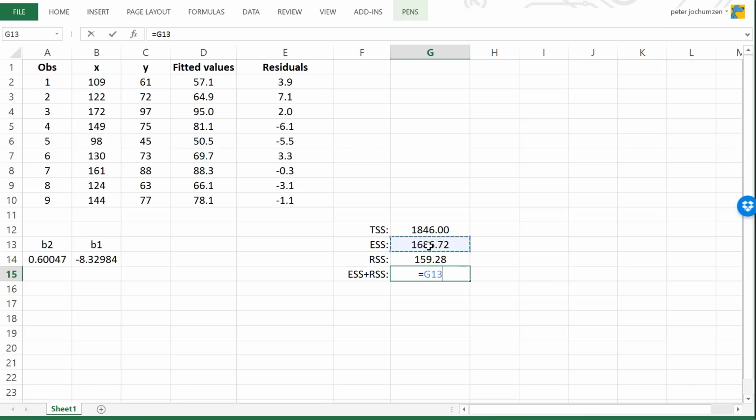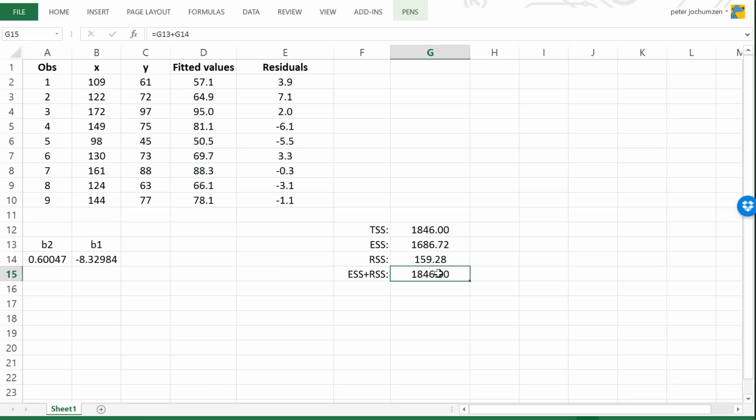Let's sum these two. And we see that we get exactly the same as TSS. This cell here is the same as that. And again, we will always get that result as long as we use the OLS values for B1 and B2, no matter what the data is.